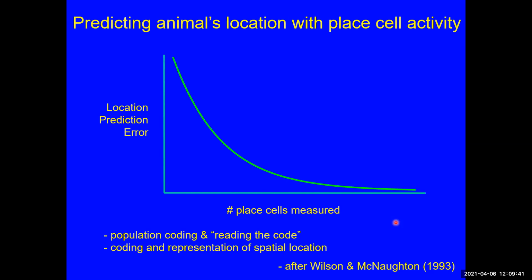It's not foolproof, obviously, but it gives you a much more valid estimate of public sentiment. And here, when you have a whole bunch of cells all voting, you get a much better sense of where the rat is in space for the same reason. Okay, is that clear?